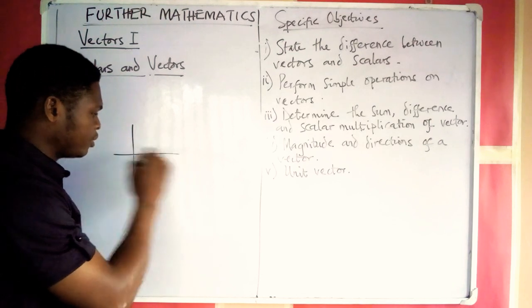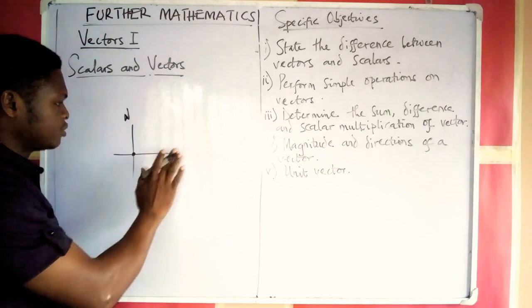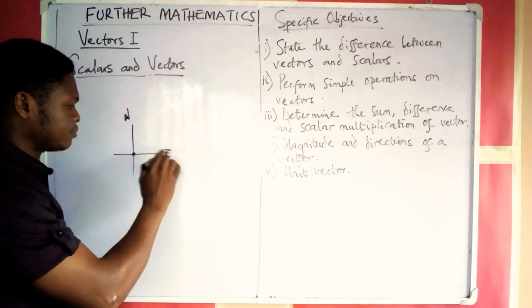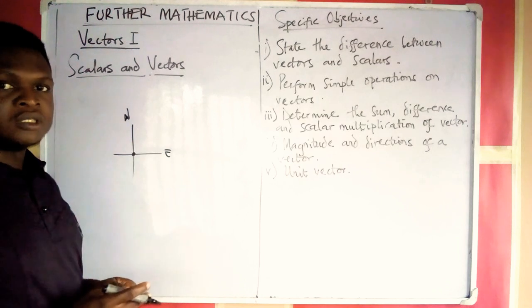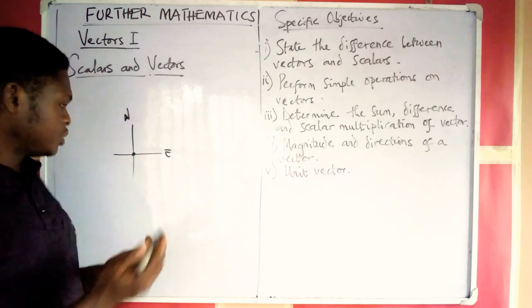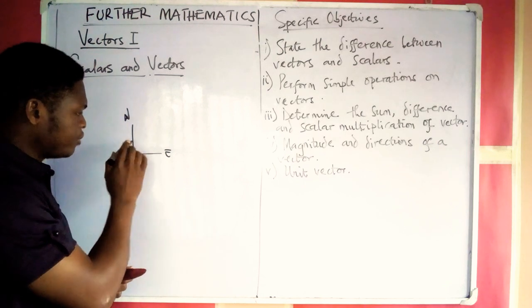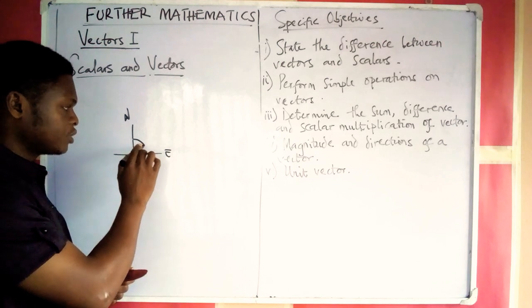Remember that every point has four cardinal directions. This is my north, and this is my east. The northeast direction is between the north and the eastward direction. So I will measure 45 degrees from north going towards the east. So this is what I'm going to have.